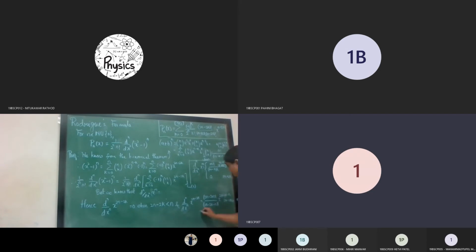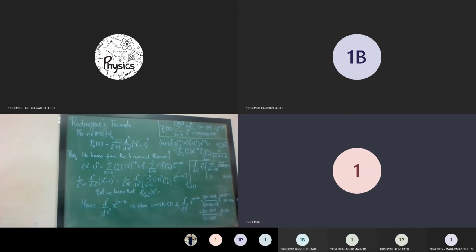And simplification of it will be 2n minus 2k factorial, denominator 2n minus 2k minus n, so it will be n minus 2k factorial, x raised to 2n minus 2k minus n, so it is n minus 2k factorial, sorry, not factorial, n minus 2k term.